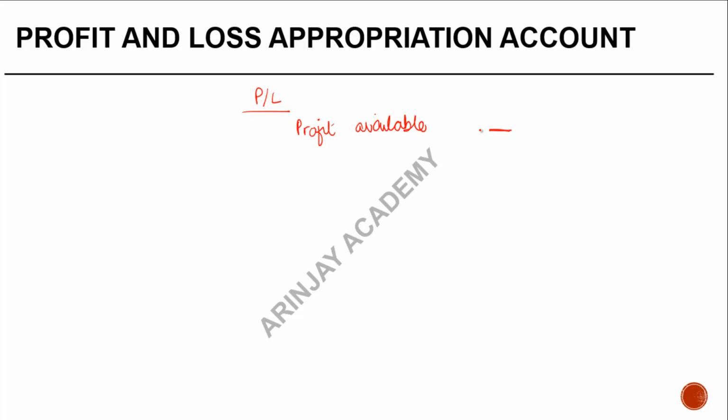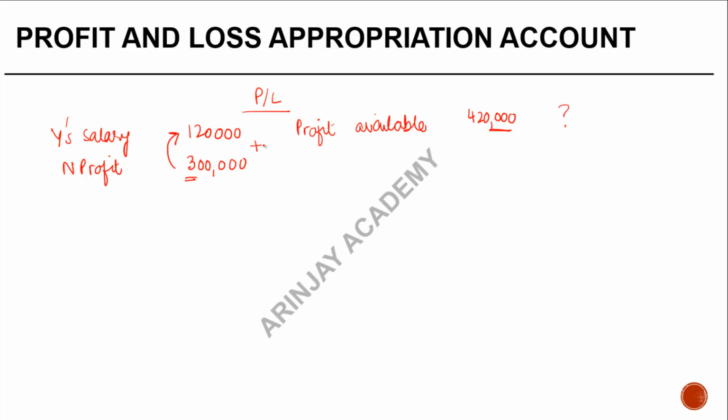This number we don't know, but what we are told is after we had charged Y's salary from this number, which was 1,20,000, the net profit which was remaining was 3 lakh, right? Now if the net profit which was remaining was 3 lakh, after charging this salary, what would this profit be? It would ideally be a sum of these two, and therefore it should be 4,20,000, which is 3 lakh plus 1,20,000, right?